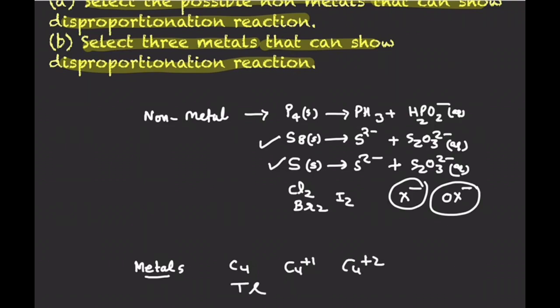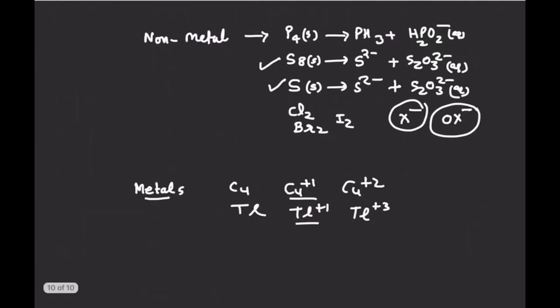Similarly, thallium plus 1 and thallium plus 3; thallium plus 1 undergoes disproportionation, copper plus 1 undergoes disproportionation reaction. In the same way we have discussed manganese. When manganese is present in plus 3 oxidation state, it is converted into plus 2 oxidation state and MnO2. So manganese is a metal ion which can undergo a disproportionation reaction.